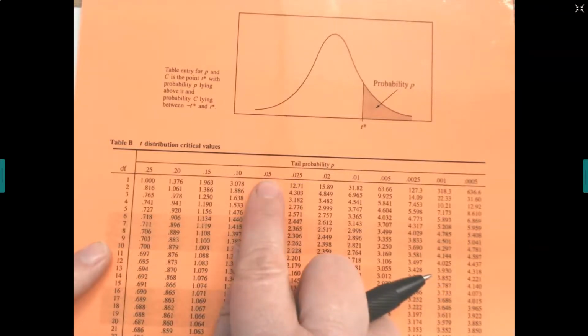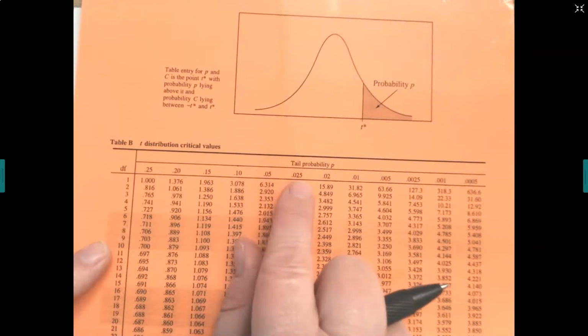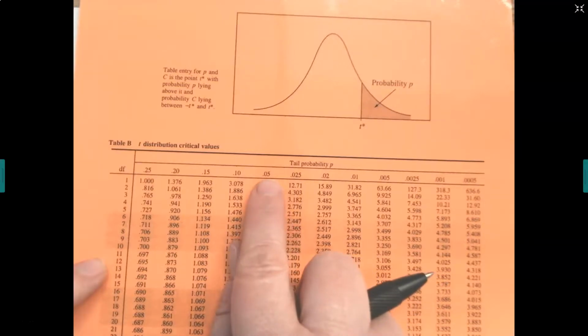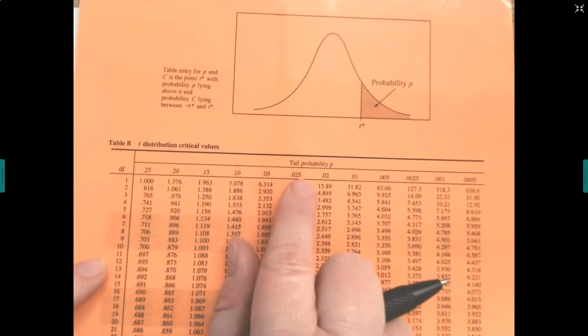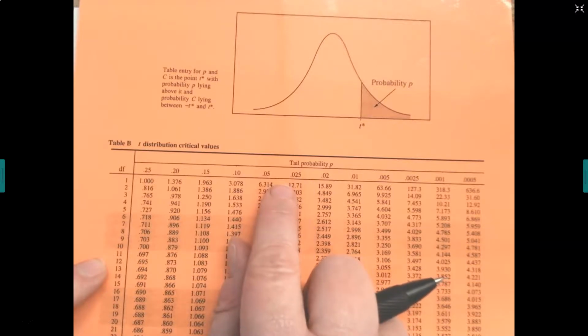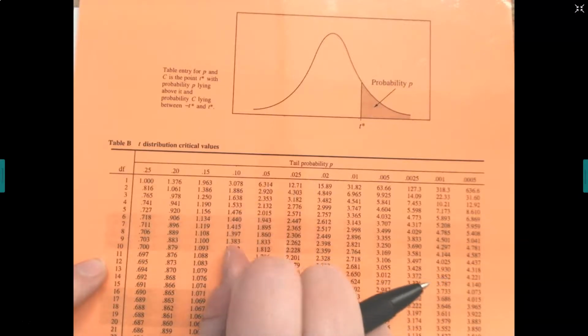And then depending on the confidence level, if we are at 95%, our alpha level is 0.05. So as long as both of the numbers are less than your alpha, you're okay. But if one of the numbers is above your alpha, then you're going to have to fail to reject.